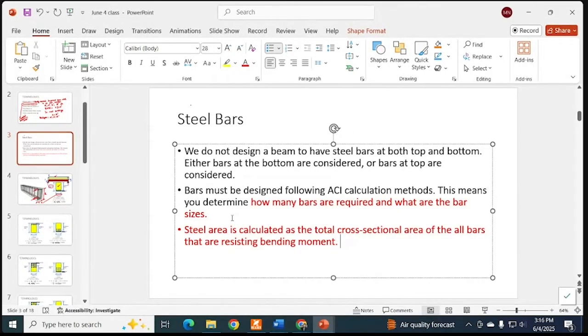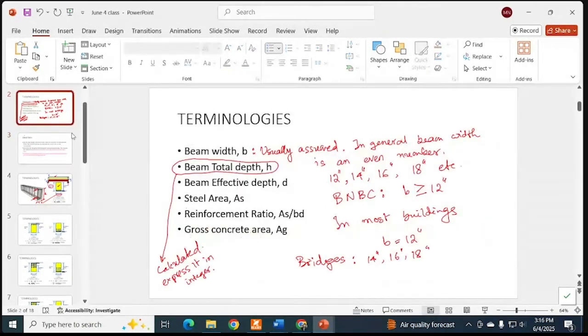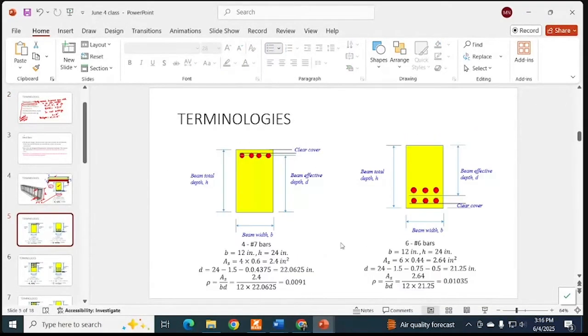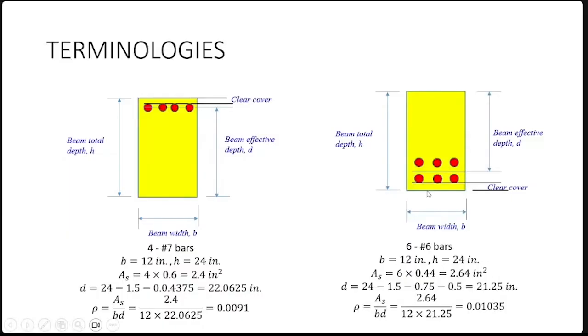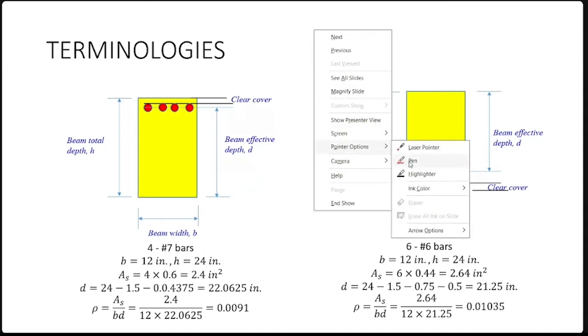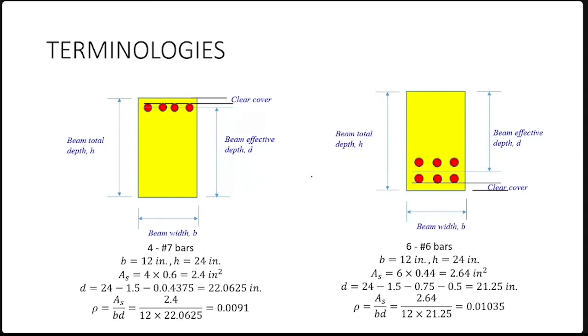Steel area is usually denoted by AS. We are talking about steel area at this moment, AS. So you should notice the calculations in all of those slides now. If you have a calculator, I told you to hold a piece of paper and a pen. So now you should notice how we calculate steel area.